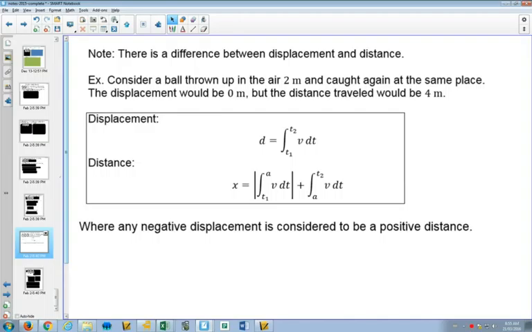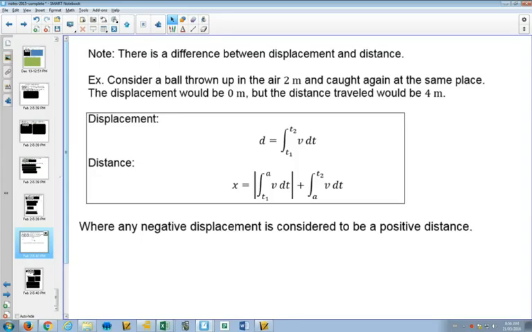Anyways. So displacement is easier to figure out because you can just use your formula because it doesn't have to take in the fact that sometimes there's negative values. But if you want to find your distance, then you have to find out, well, when am I traveling forward and when am I traveling backward?